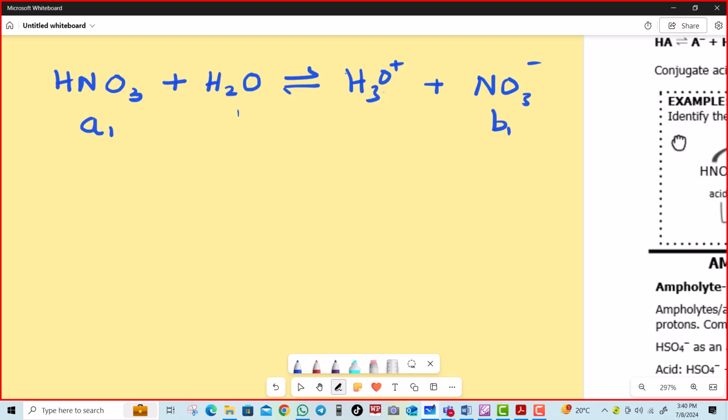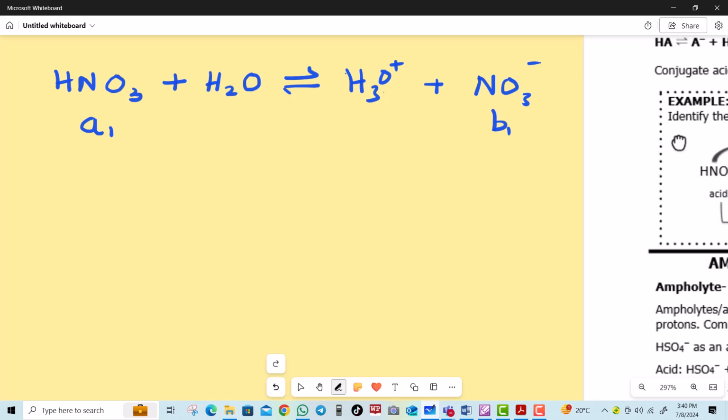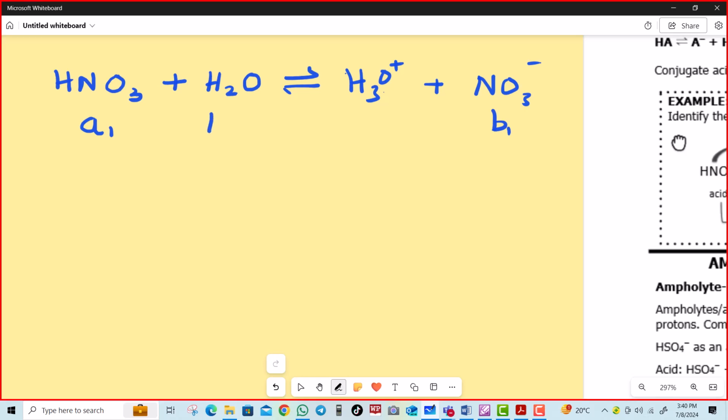However, the water, as you can see, is H2O, which becomes H3O plus. Now it is accepting a proton. So this water, because of accepting a proton, is a base. Because we have the first base, it becomes base B2. You see the water is H2O in the reactants. What about the products? H3O plus, it's accepting a proton.